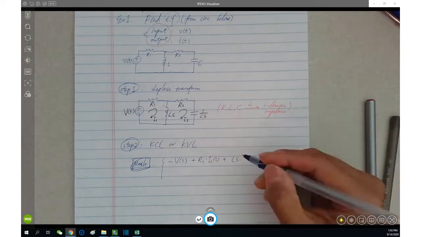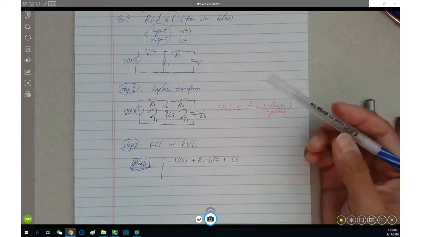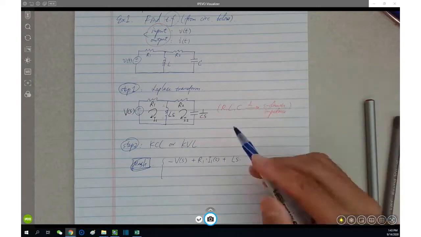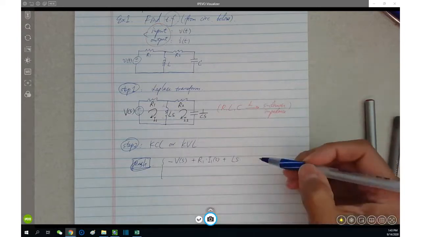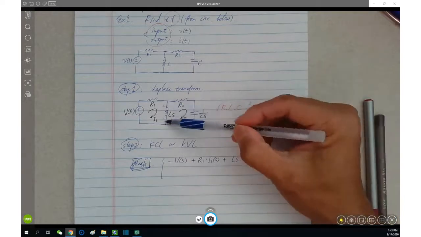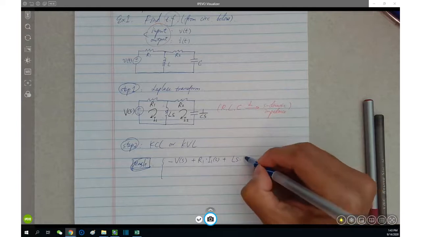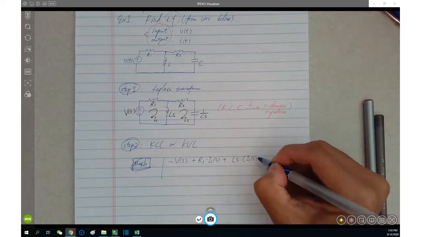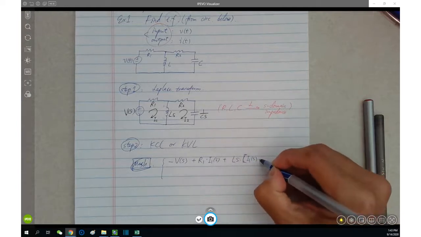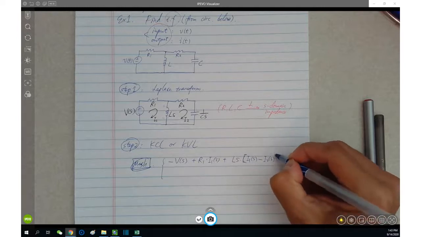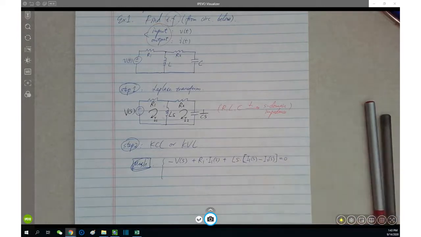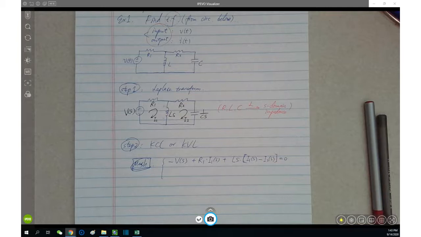So what is the current through LS? I1 minus I2, right? This is pretty much one loop, and the sum of all the voltages equals 0. So we get LS times (I1 minus I2).